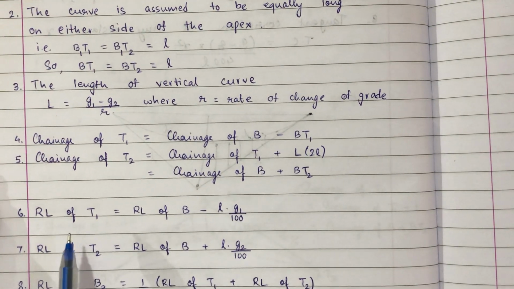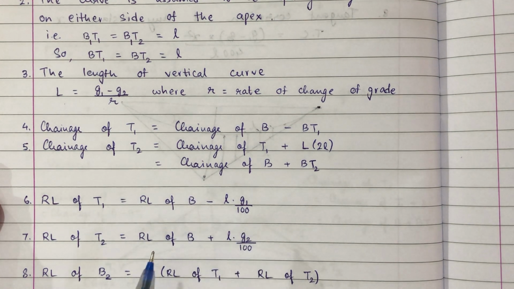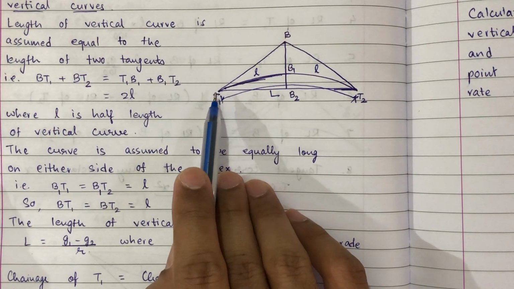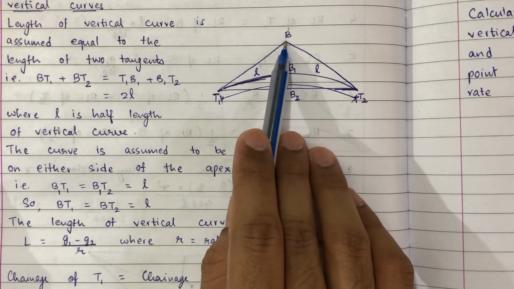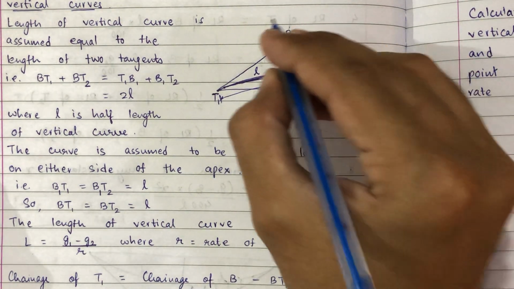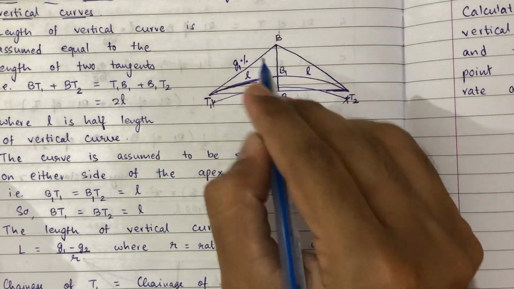Then RL of T1 is given as RL of B minus L into G1 by 100, where G1 is this gradient.